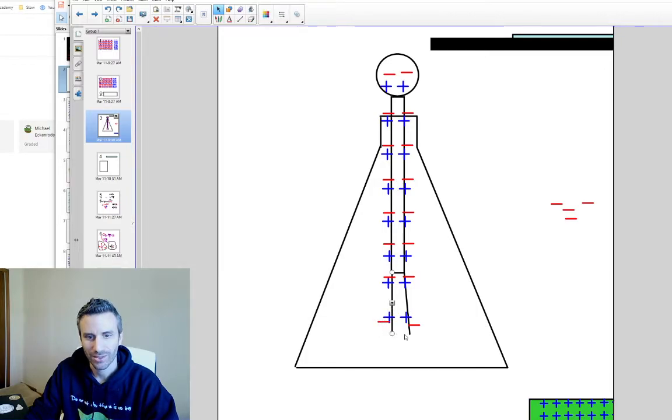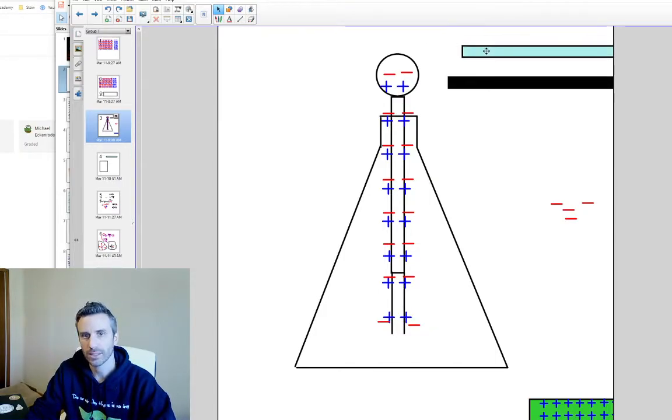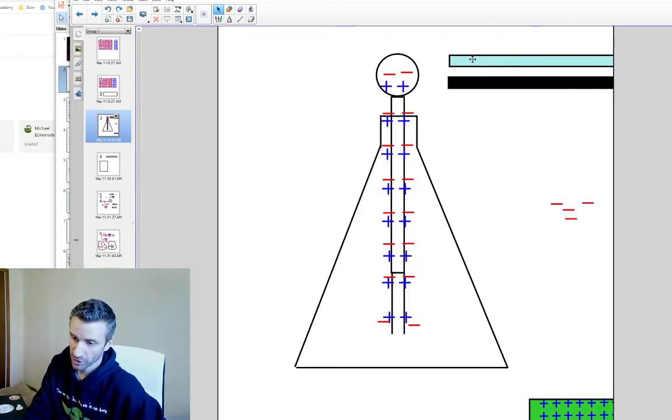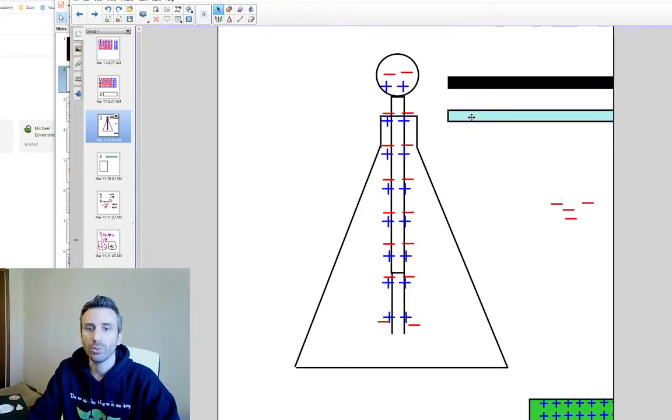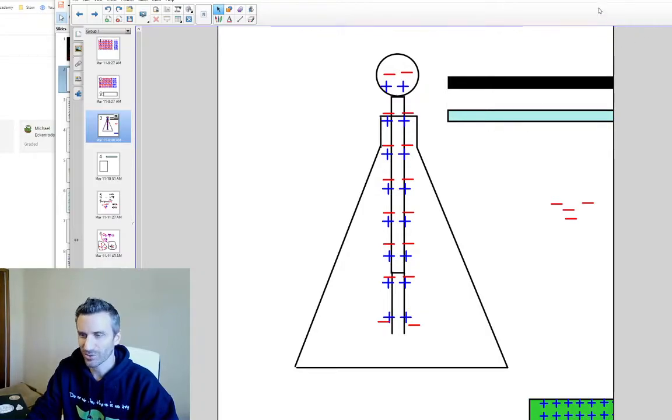So he was able to recognize that the rubber rod and the glass rod had opposite charges of each other. He had no way of knowing which one was positive and which one is negative, and I'm using serious air quotes here because I hope that you'll recognize why in a minute.